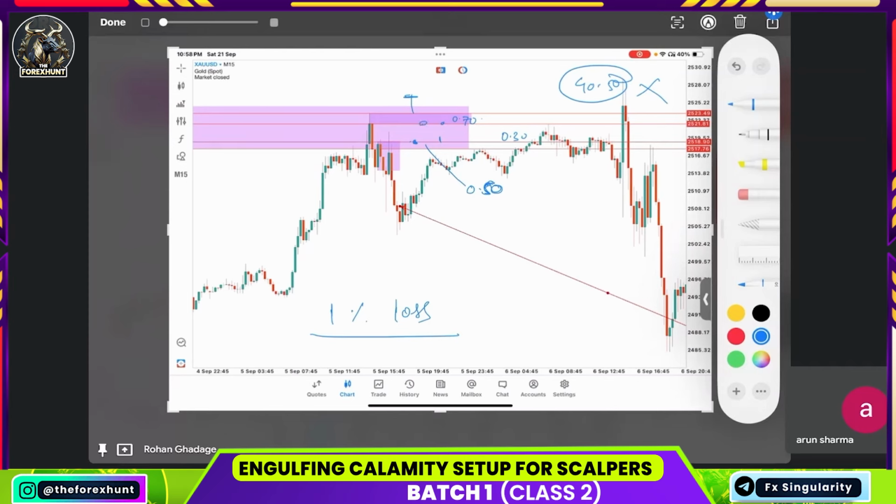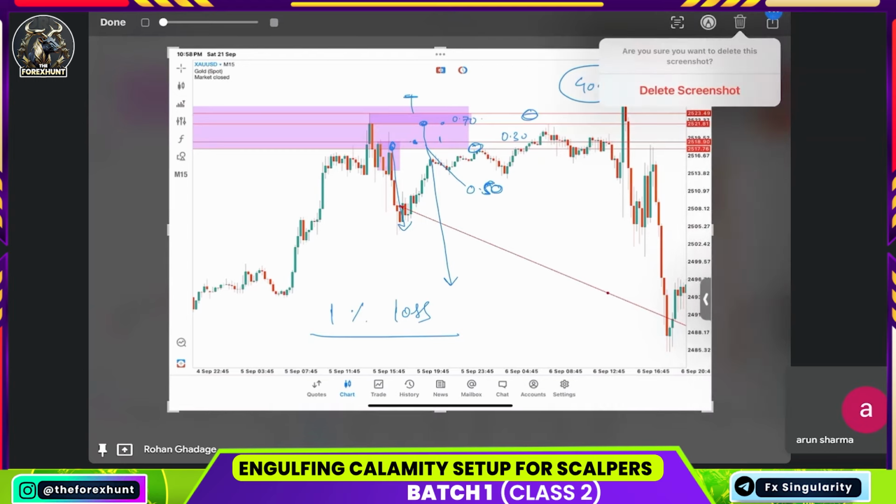Because if market respects this one, it will fall sharply. If market respects this one, it will also fall, but not that sharply. Because some people are waiting for this one, some traders are waiting for this line. So we just have to manage it. Because risk management, is it clear?